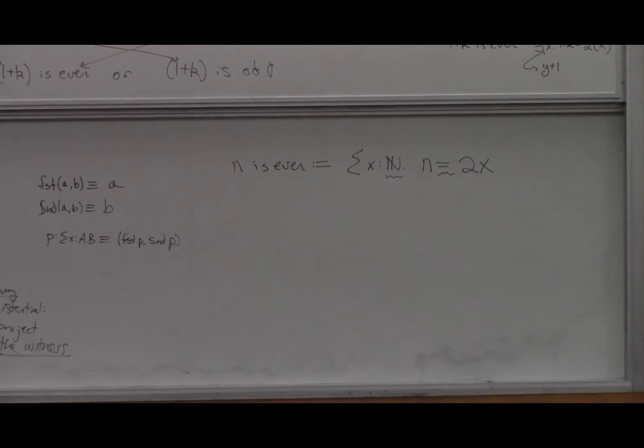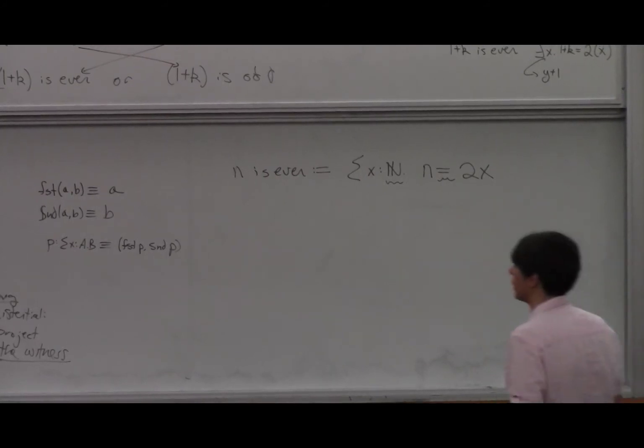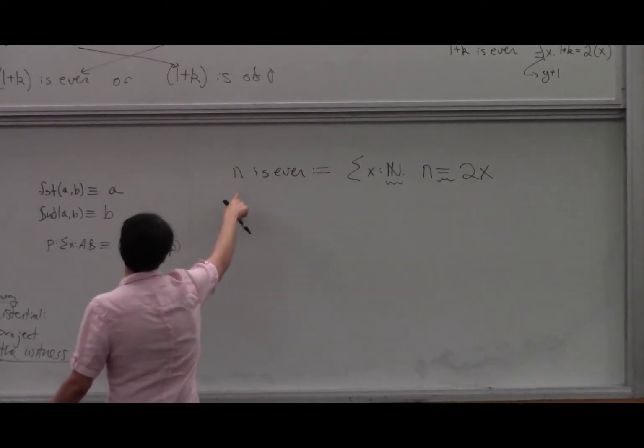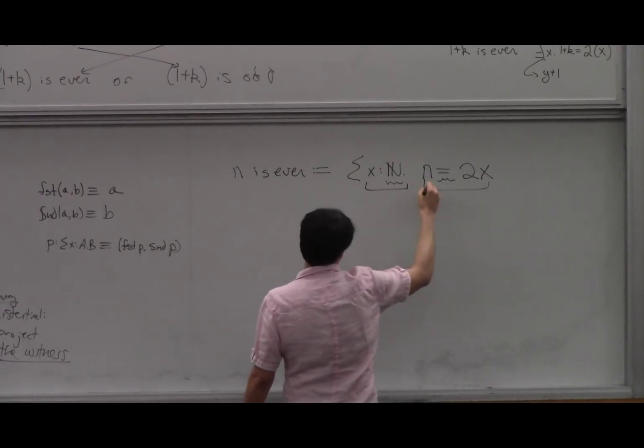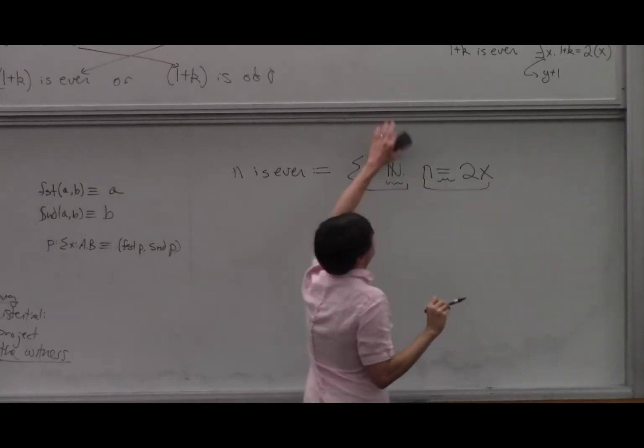Okay, so what does this say? This says to prove that something is even, what we do is we give a number and we show that the number where what we want to show is even is equal to the doubling of that number. Okay, that's the interpretation of an existential that we have here. We give a number and we show that equation, right? This consists of a pair of a number and a proof of an equation.